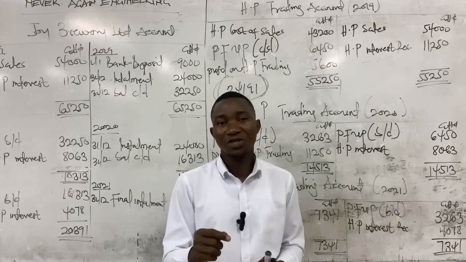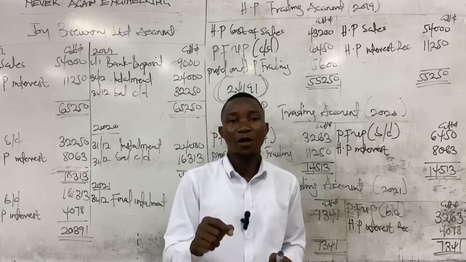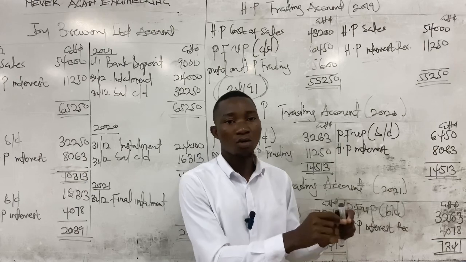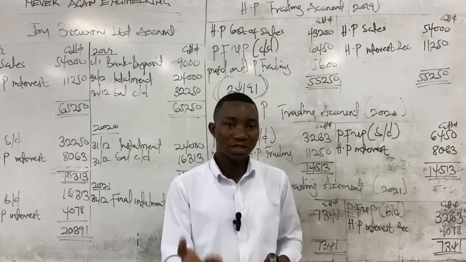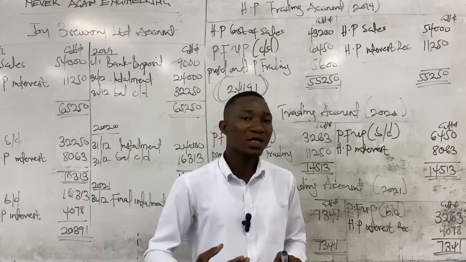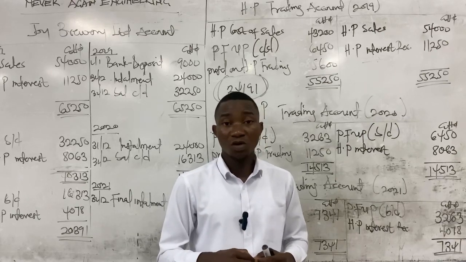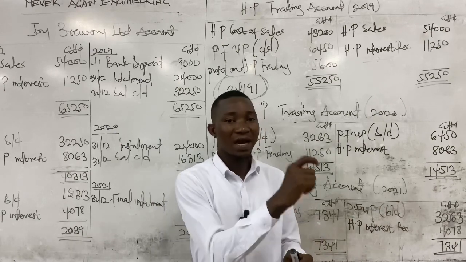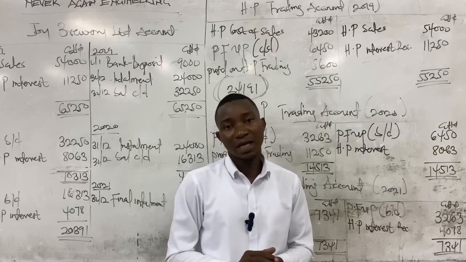The repossession has to do with where the hire purchaser failed to make any of the installment payments. The hire vendor has the right by law to seize the item or repossess it, and no payment will be made back to the hire purchaser, because the payments he has made will be treated as rentals. Is this clear?